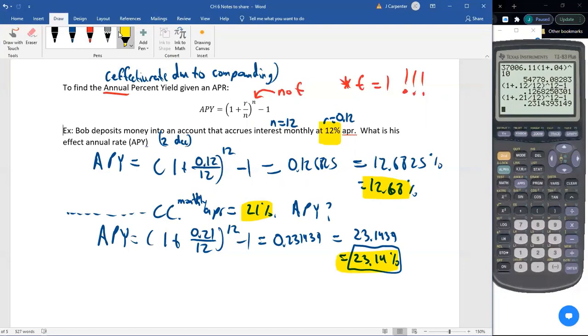You get an extra 2.14%. That's significant. Now, again, you're going to have a very hard time finding someone that is going to take your money and give you 21% interest. It can be done in the stock market, but nothing's a guarantee, as we've discussed.